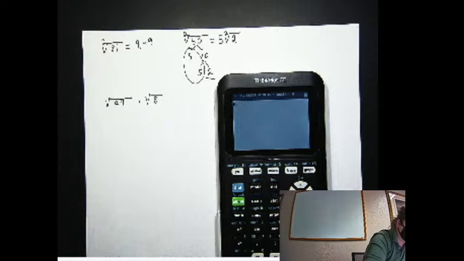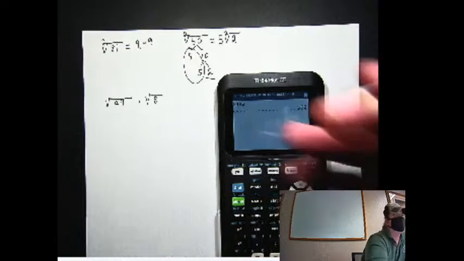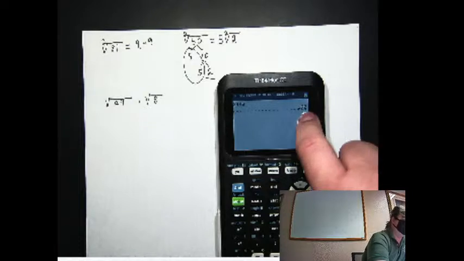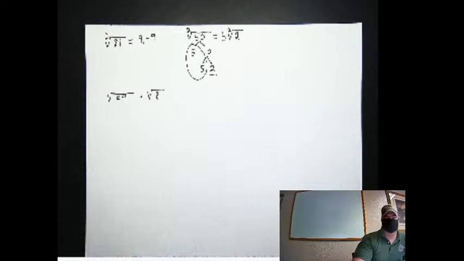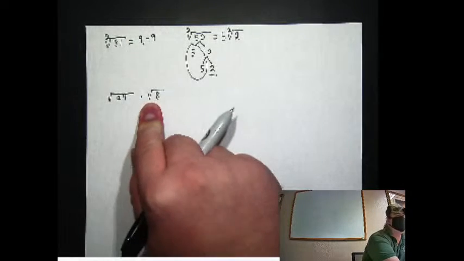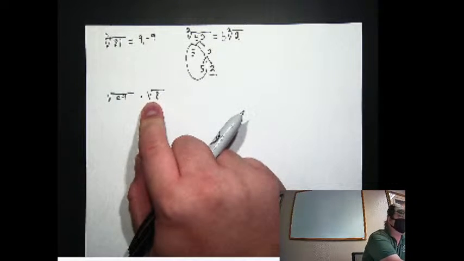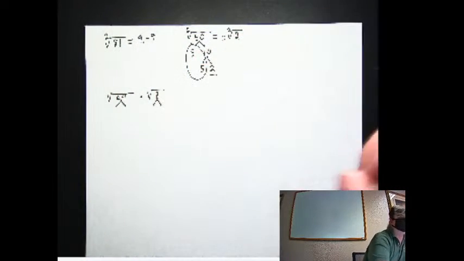Oops, that's 24. And I'd get 192, and then I'd have to break that up to get a simplified form. Well, I don't want to break up a big number. I might as well just break up these small numbers that I have here. So even though you can multiply square root of 24 and square root of 8 and get square root of 192, I think the better way to go for this is to break these up just as they are and look for matches.